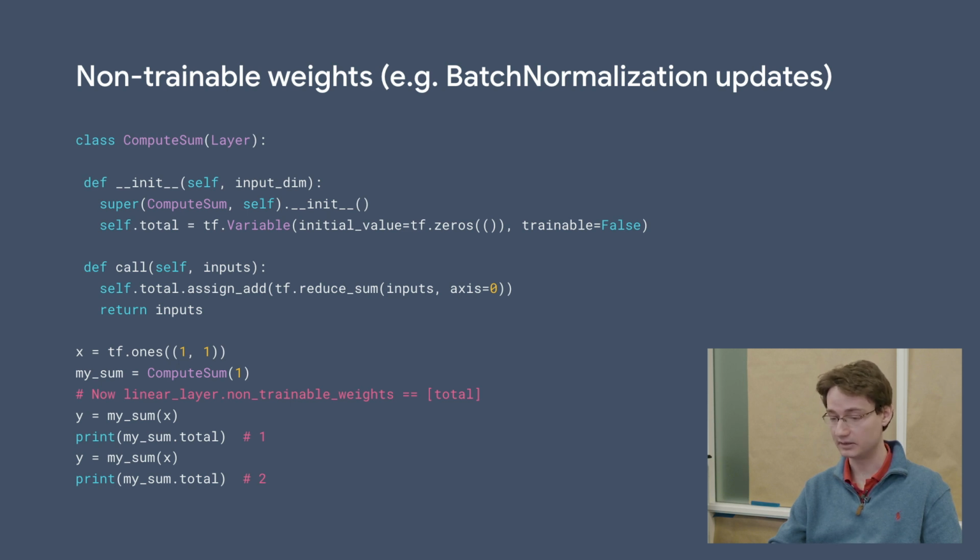You specify it's non-trainable. And in the computation method, you just update this variable. And basically, you just keep track of the total sum of the inputs seen by this layer. So it's kind of a useless layer. And as you see, every time you call this layer, the value of this variable is being updated.